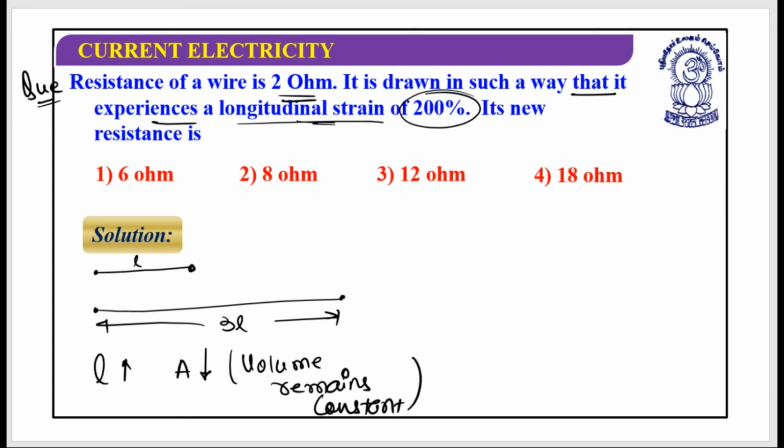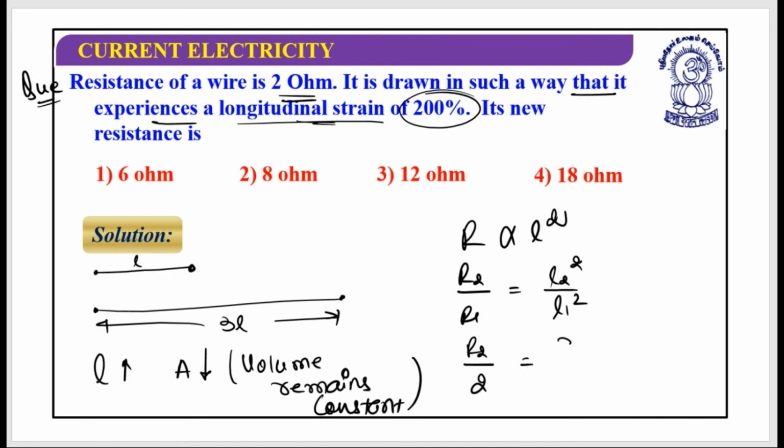And if volume remains constant, R is directly proportional to L square. So let's write it down. R2 by R1 is equal to L2 square divided by L1 square. So R2 divided by 2 ohm should be equal to 3L whole square divided by L whole square. This is 9L square divided by L square. This has gone, and R2 is equal to 9 2s, it's 18 ohm.